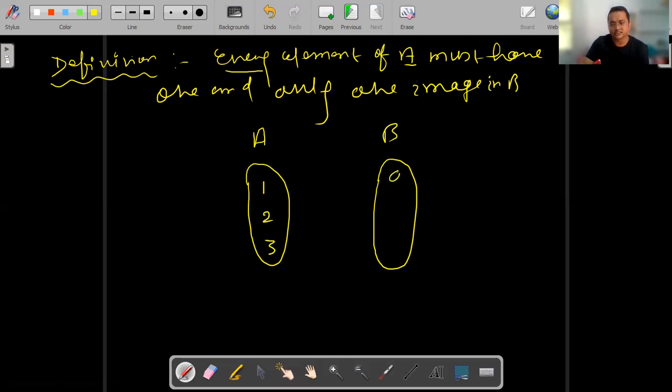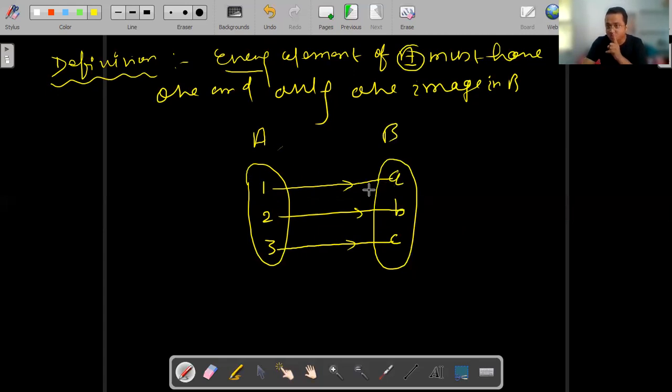Then these are the elements of set B. See here, 1 is mapped with A, 2 is mapped with B, and 3 is mapped with C. Getting it? So you can see the definition: every element of A must have one and only one image in B. Means 1 has one image, 2 has one image, and 3 has also one image. So this is a function.